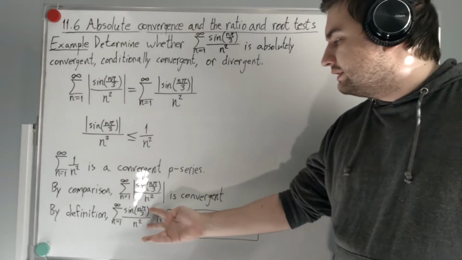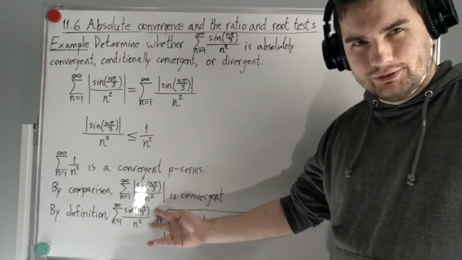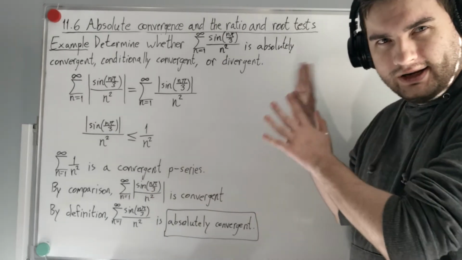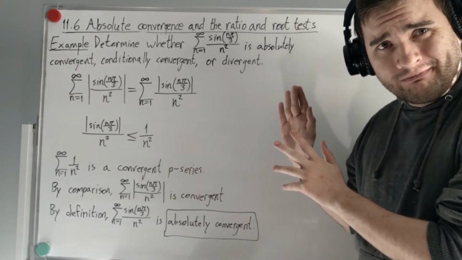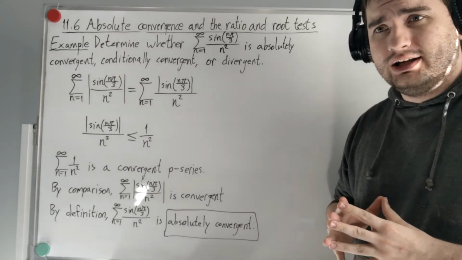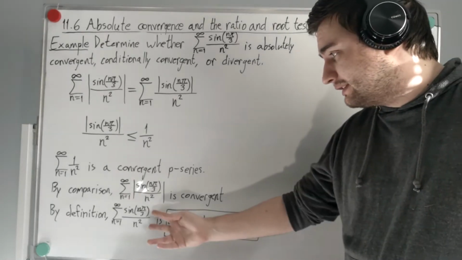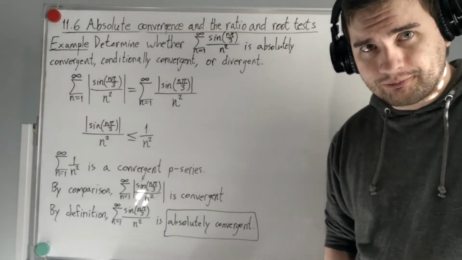Thinking back to this series, just trying to determine whether that thing is convergent or divergent without doing any of this, that would be really hard, right? Most of the tests we have are for non-negative series, which this has negative terms, so those tests won't work.